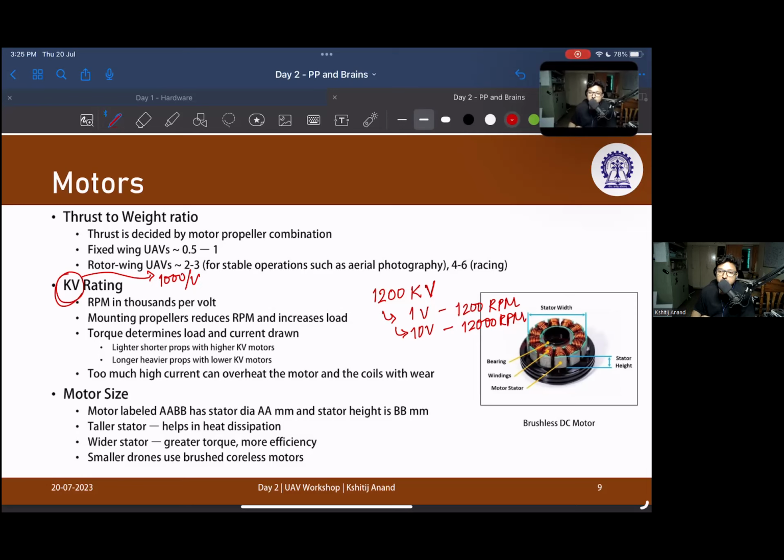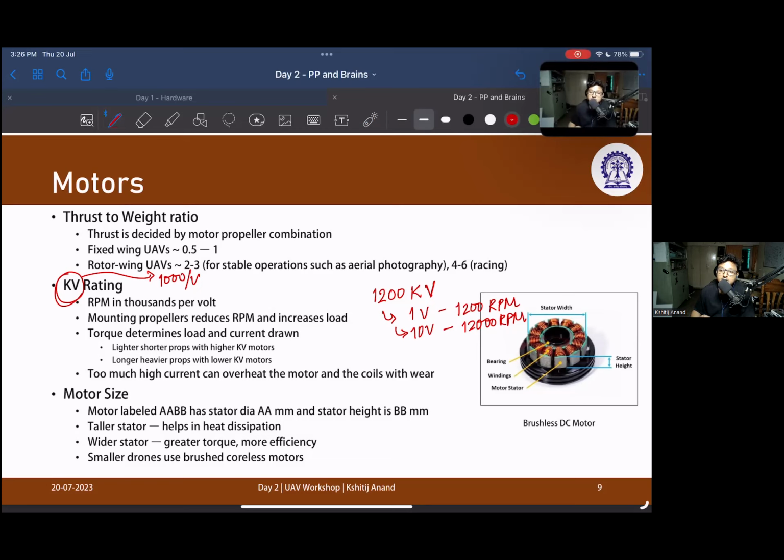When you put on a propeller, the propeller is cutting through air and pushing air. So it is doing a significant amount of work, transferring energy into the airstream as well as rotating on its own. That energy has to come from somewhere, and that obviously comes from the motor. So the load is going to increase and the RPM is going to reduce.